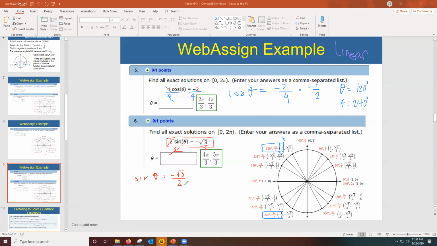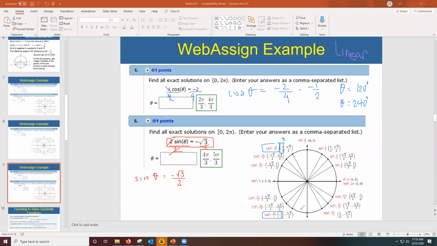Of course, the sine is the y value on the unit circle. So let me go try to find the y values with negative square root of 3 over 2.